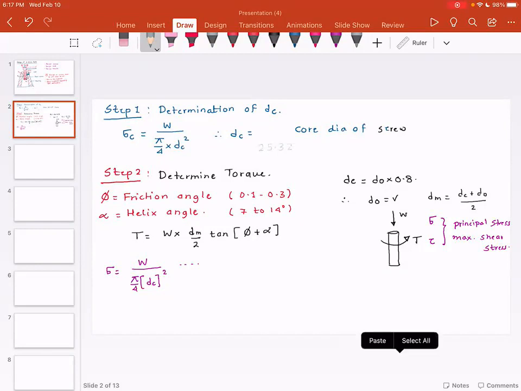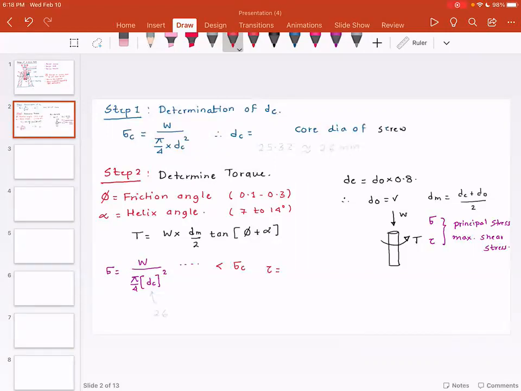So this needs to be approximated to say 26 millimeter of core diameter. And you will use this 26 millimeter here to find out the actual value of sigma. So clearly, the actual value of sigma is going to be less than sigma c, because we rounded the value of dc.